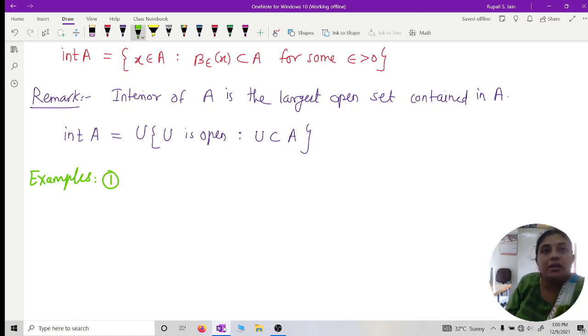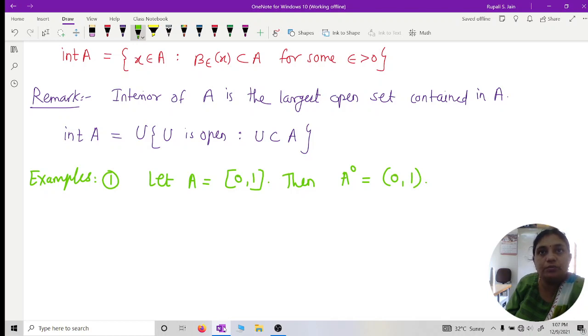First, let A be equal to the closed interval [0, 1]. Find the interior of A. Then A interior is nothing but the open interval (0, 1).